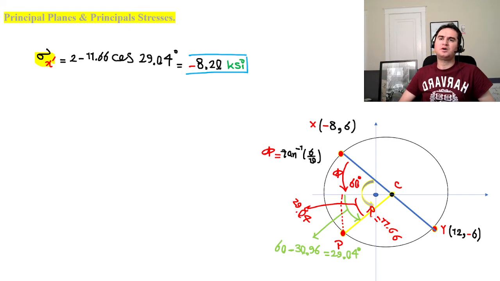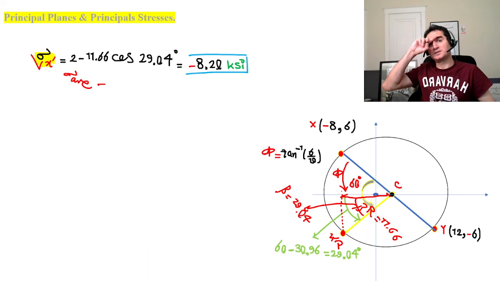So R cosine of beta, for example, and this is beta, gives the normal stress of x prime, sigma x prime, which is sigma average minus that one.